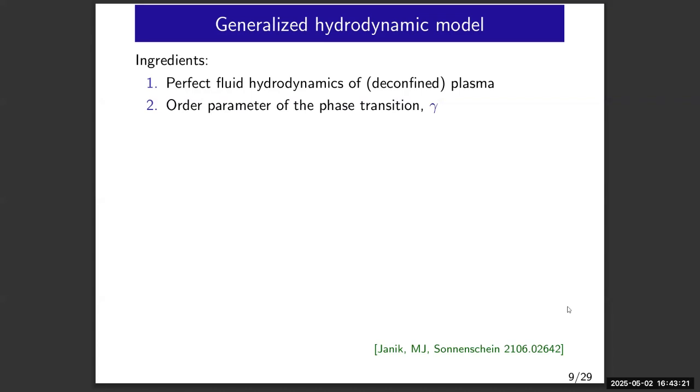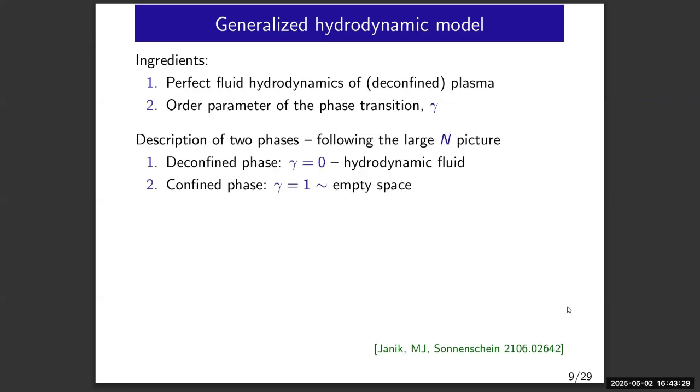The other ingredient is the order parameter of the phase transition, which I call gamma. I use this to describe two phases, sort of following the large N picture. I will be discussing this a little bit more later.